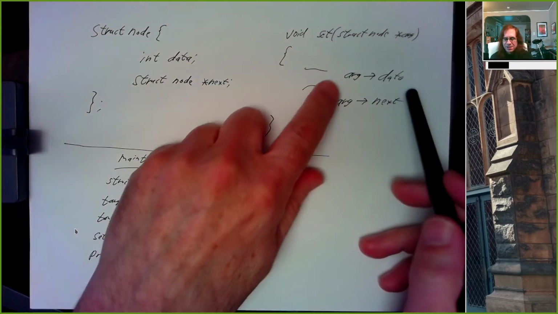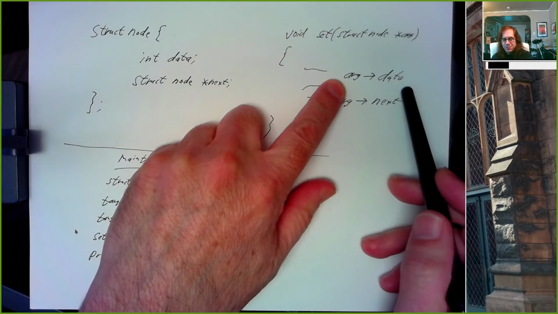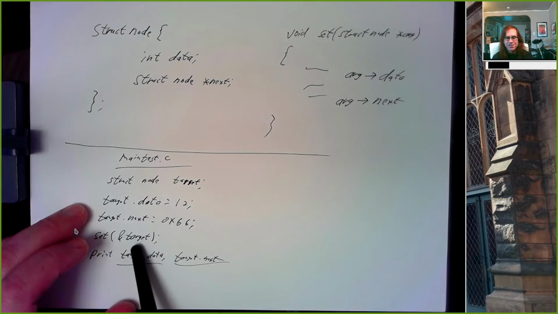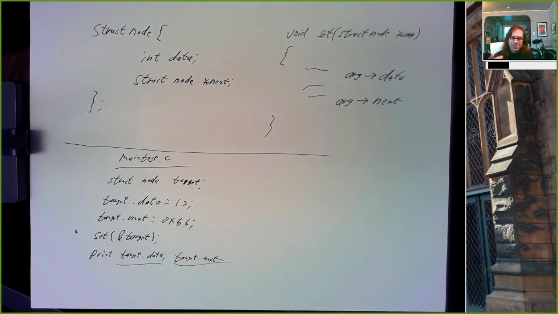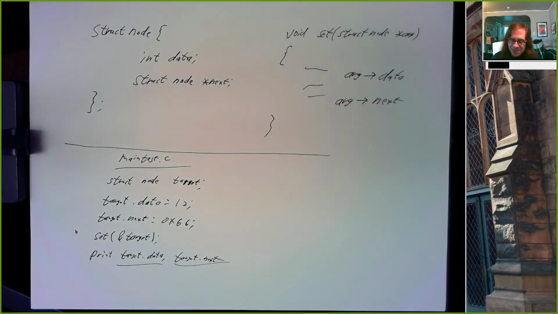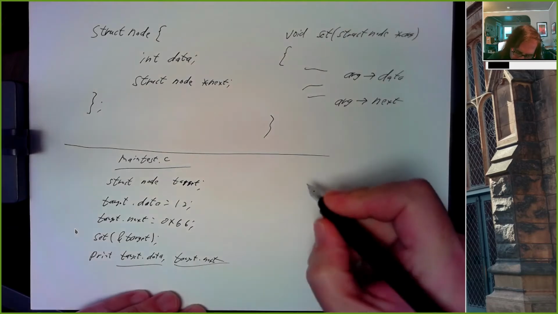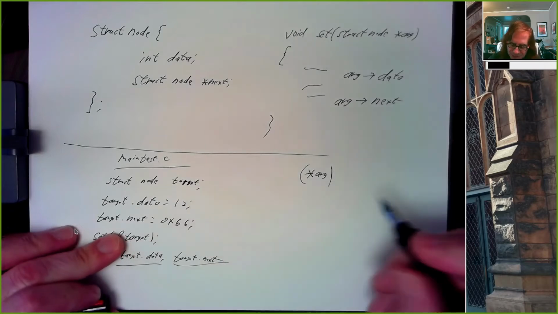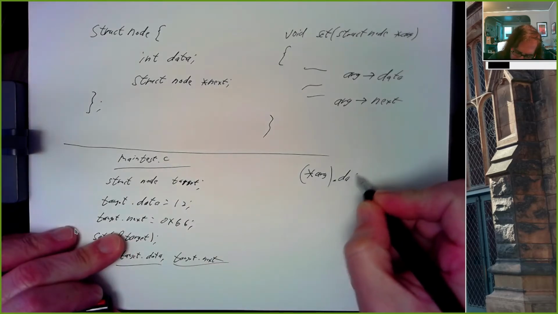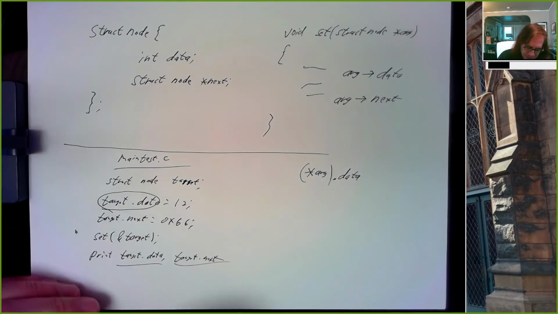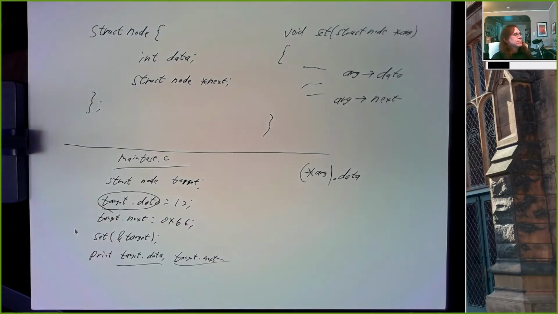If you assign a value to this field, it will change the value of that field of the structure when you come back from the set function, because you're not passing a node, you're passing the address of a node. This is basically saying, take the thing at that address, which is target in this case, and do something with the data field. That's actually the same address in memory as this thing.